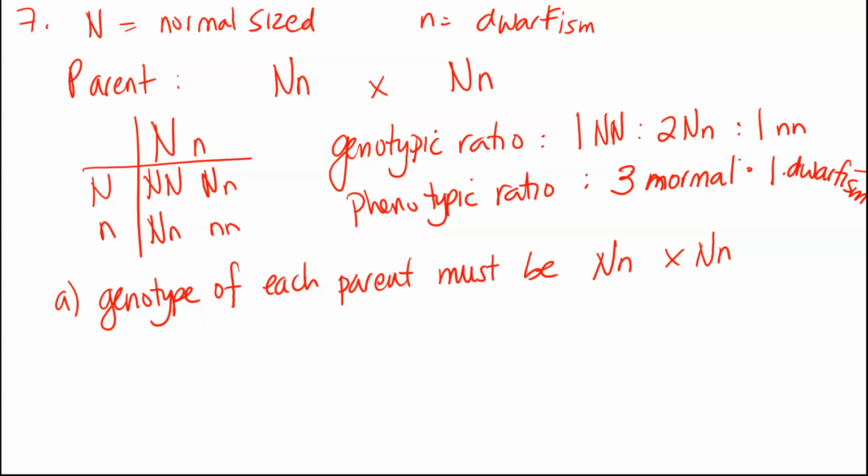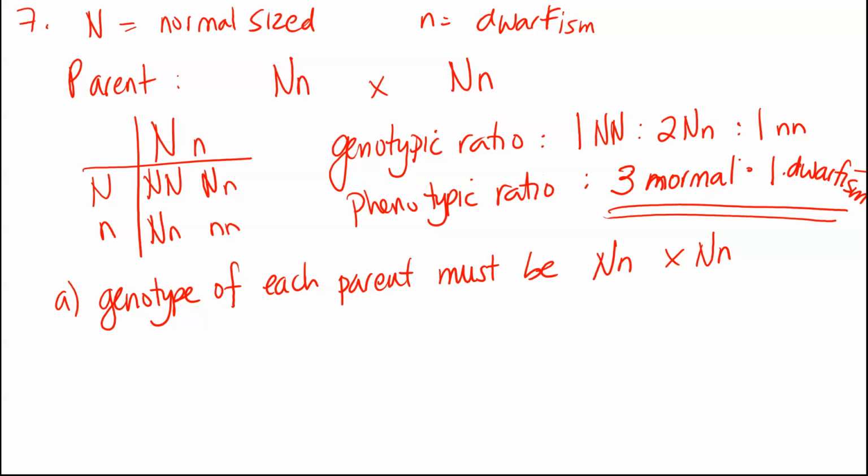And if you didn't figure this right away, you can do as many crosses as you want with different combinations to find out this type of ratio. I know by doing these so many times that when both parents are heterozygous, you're going to get this 3-to-1 phenotypic ratio, and that's what we were looking for, and that's why I did that.